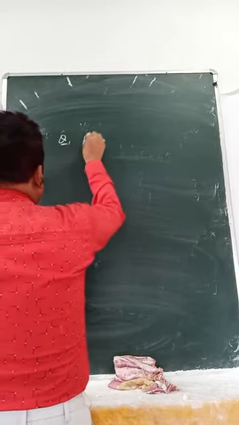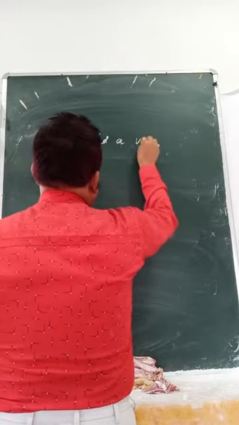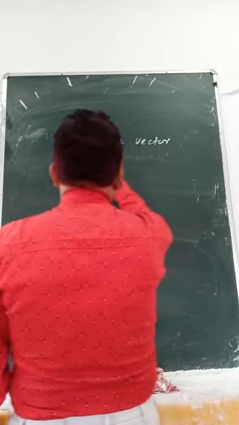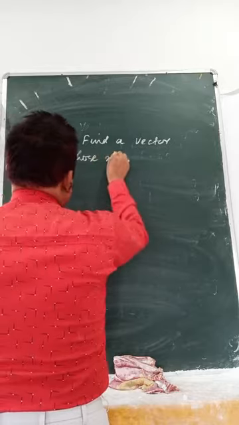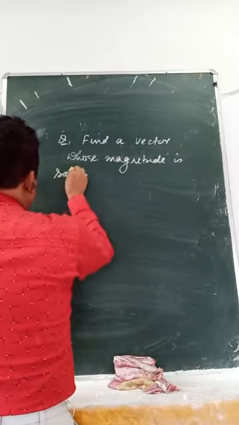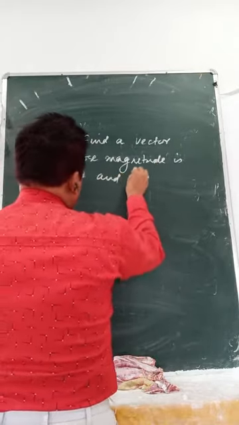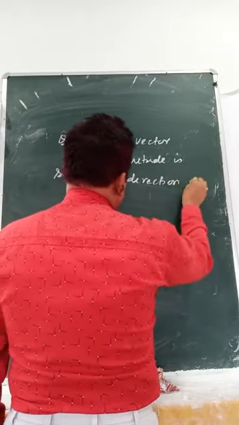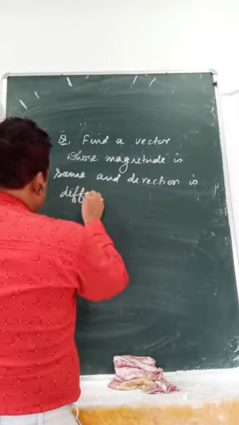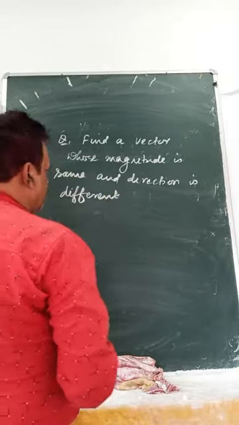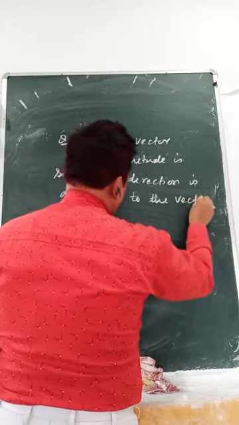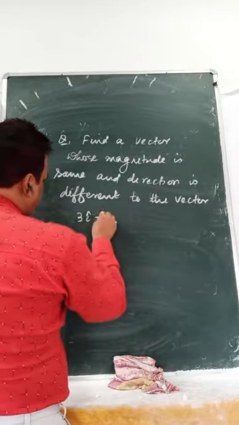Find a vector whose magnitude is same and direction is different to the vector 3i plus 4j.